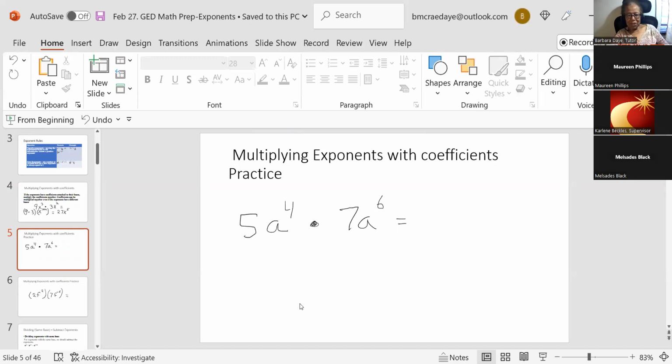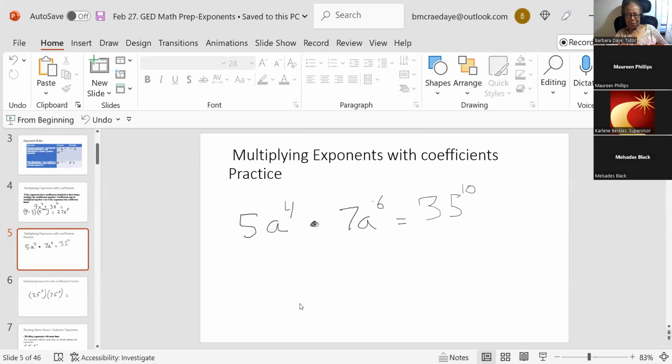Multiply the coefficients and then add the powers. So what's your answer? Multiply the coefficients, so 5 times 7 is 35. That's right, 35 to the 10.